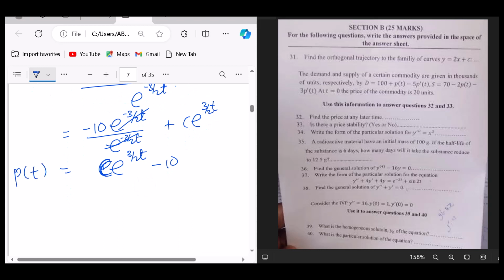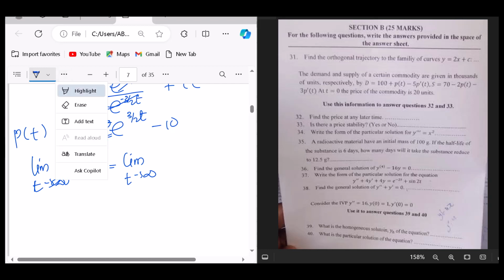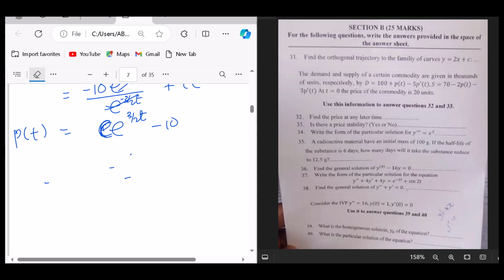Okay, and now is there price stability? So I take the limit as t goes to infinity of p of t, and c. They have given an initial condition, which I can use to find my c.